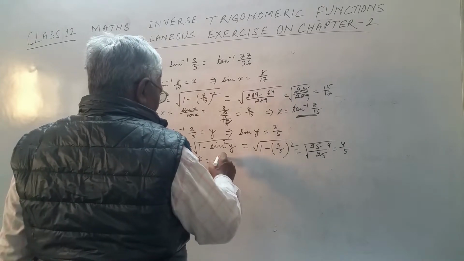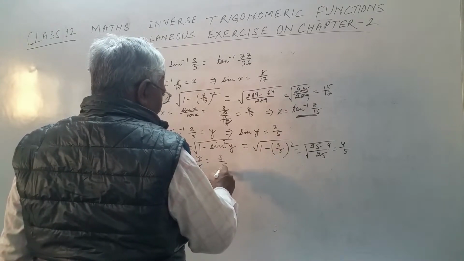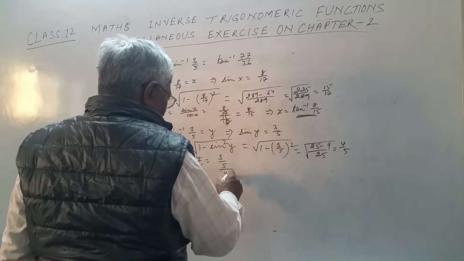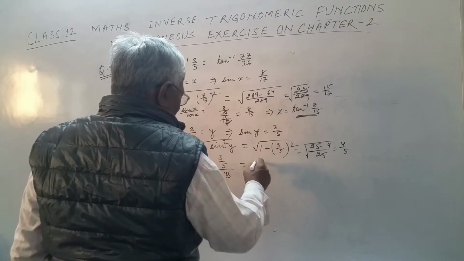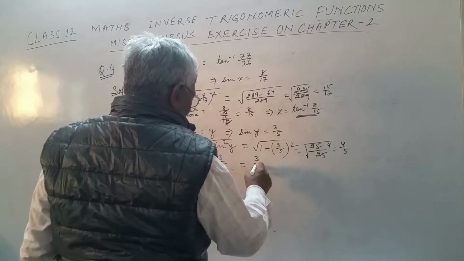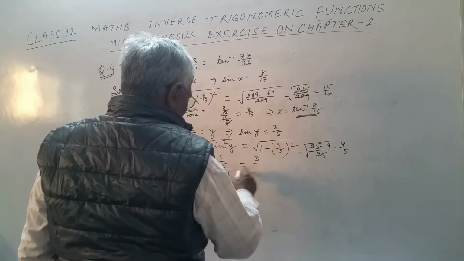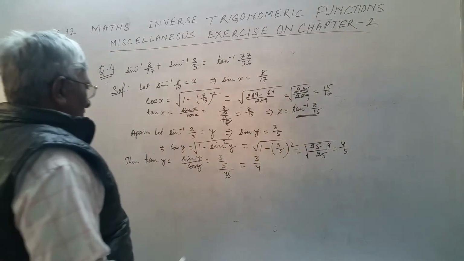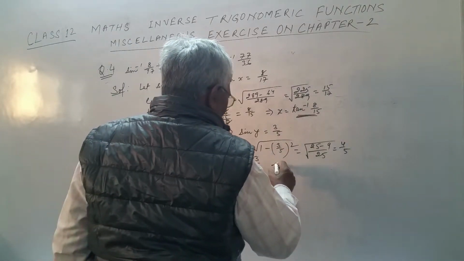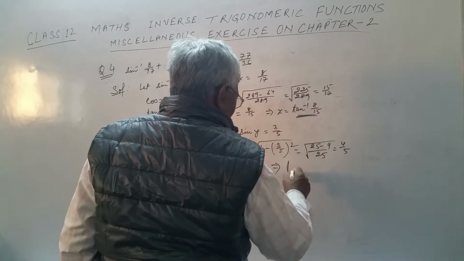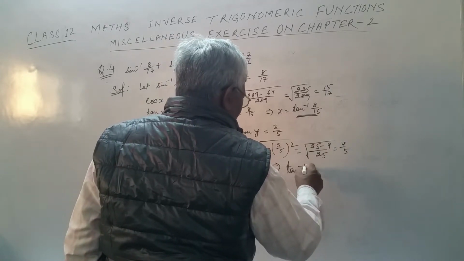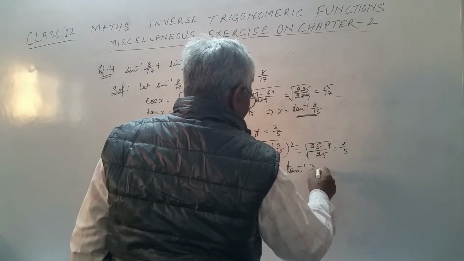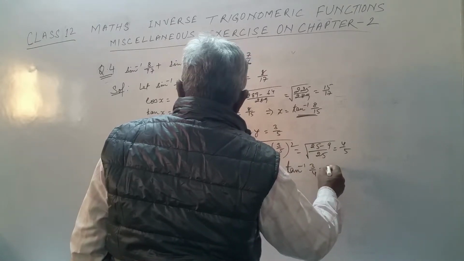Then 3 upon 5 upon 4 upon 5. What will happen? It will give 3 upon 4. That means tan y is equal to 3 upon 4. Again, one more step you can proceed. You should proceed that tan inverse 3 upon 4 is equal to y.